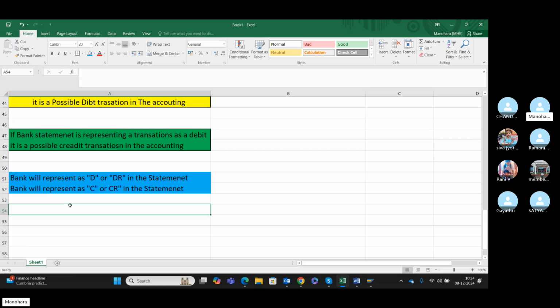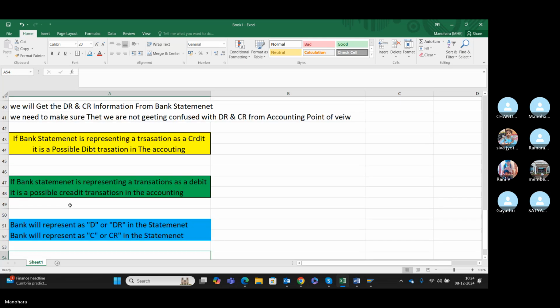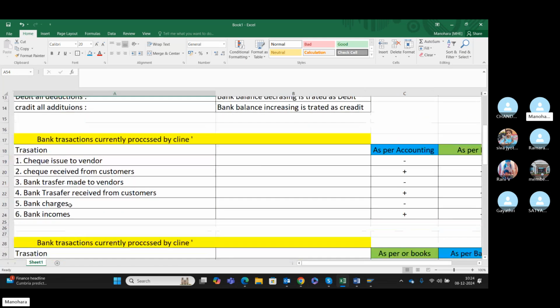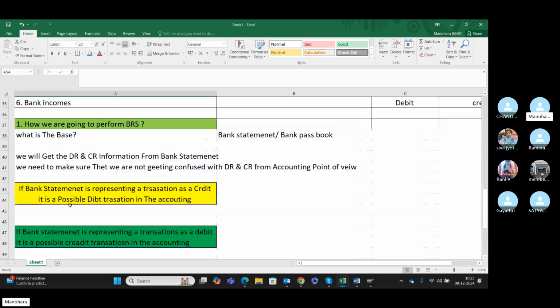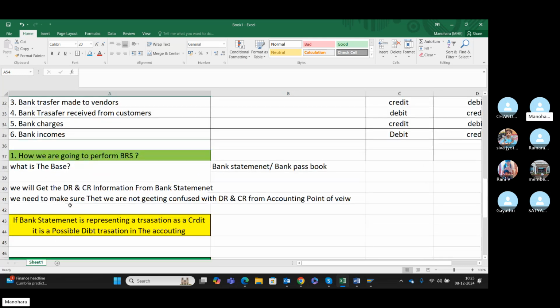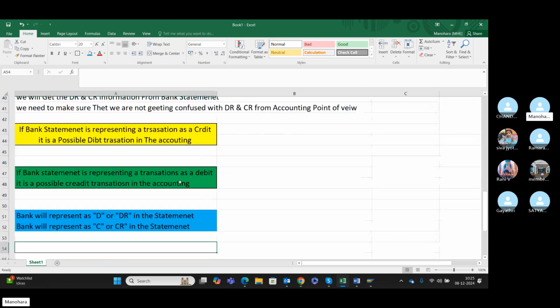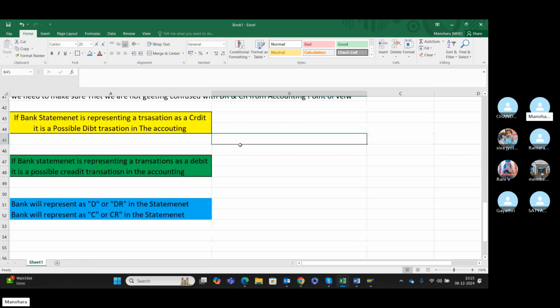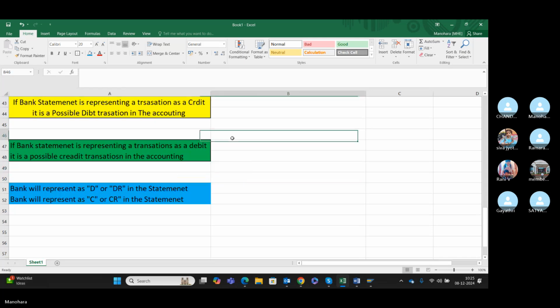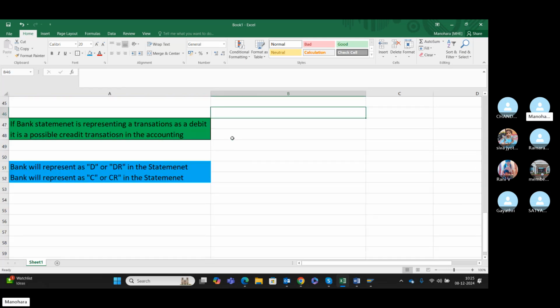If you get any confusion here, it becomes a very big task. So we need to understand this: as per the accounting entry and as per the banking entry, it is quite opposite. Is there any confusion or any questions here?